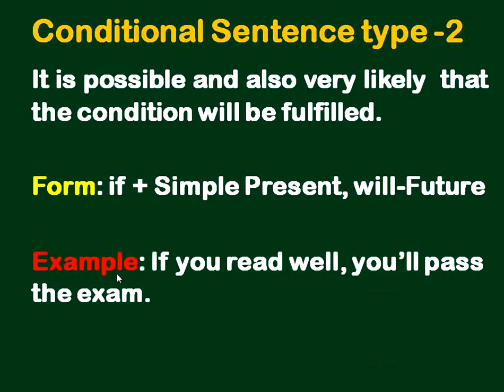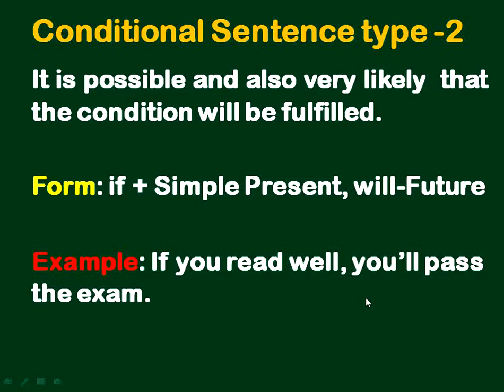Example, if you read well, you will pass the exam. So this conditional is possible, very likely possible. So we call it conditional type 2. So we use simple present with if here. See, if you read well, simple present, you will pass the exam, future tense.